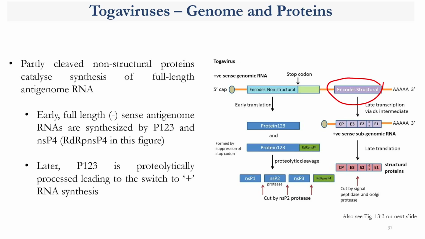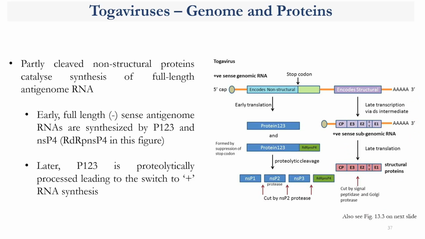When it goes to transcription, again, you're going to make subgenomic RNA, but in this case, you have late transcription, which happens through a double-stranded intermediate structure, okay? You make your positive sense subgenomic RNA, you get your late translation, you make your structural proteins, and these are processed by signal peptidase, as well as proteases in the Golgi, okay?